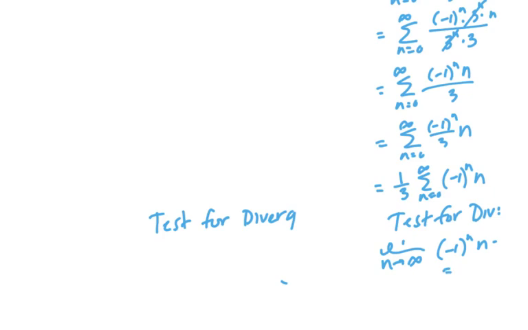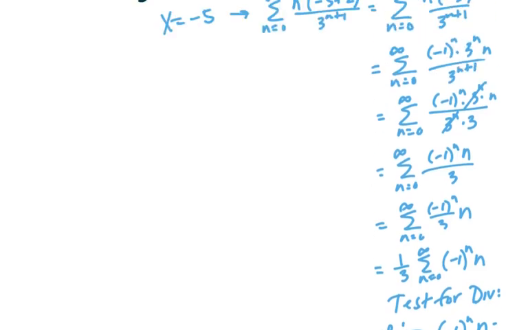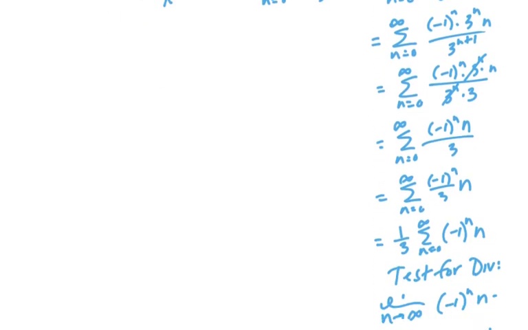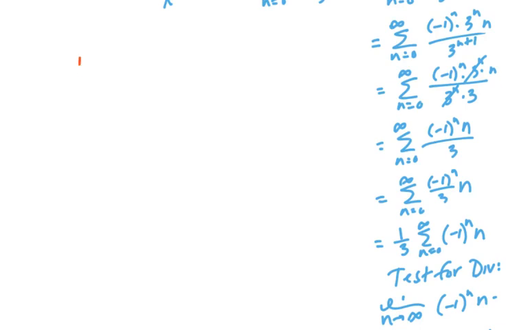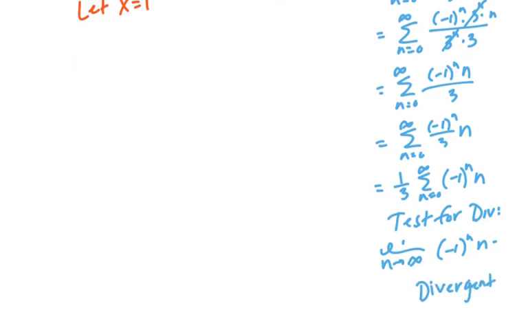It does not equal 0, so it is divergent. So when x equals negative 5, we have divergence. So we need to check the other endpoint. The other endpoint is x equals 1.